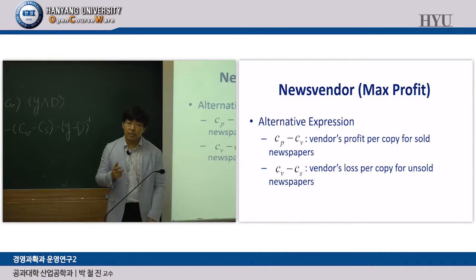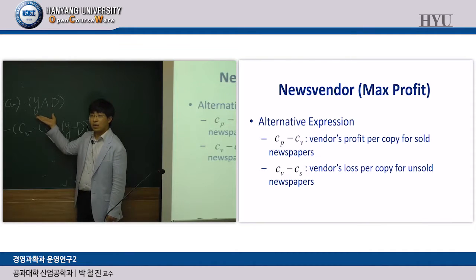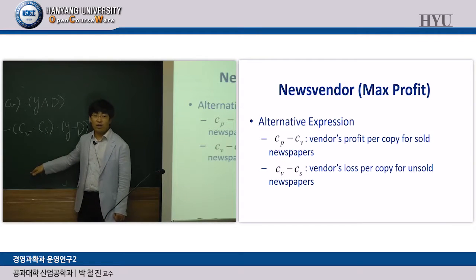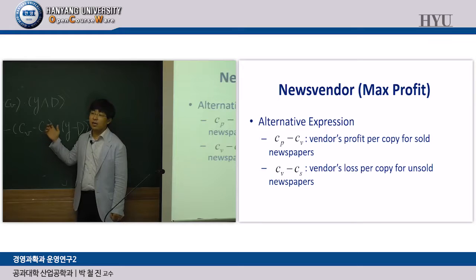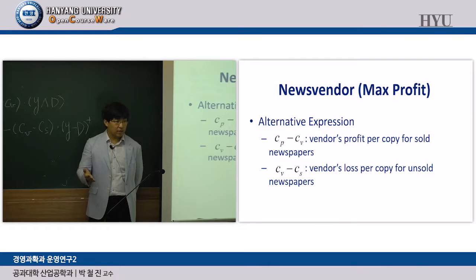The thing is, when we consider this formula and the different formula we derived just before, actually they are the same. This is a different form of the profit function, and you can check.